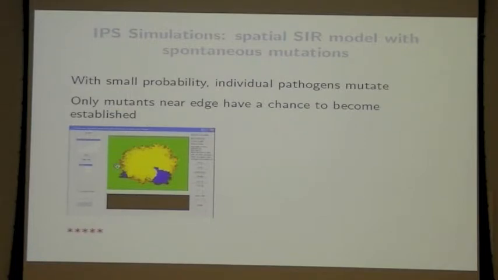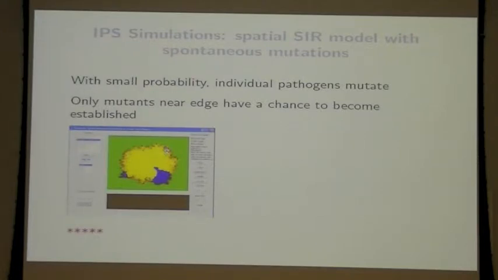So this might be a phage plate, for example. We're going to inoculate some host population with a pathogen, a phage, and it's going to start expanding radially. And we're going to let mutants arise spontaneously in different properties.